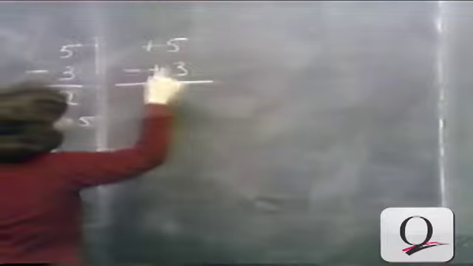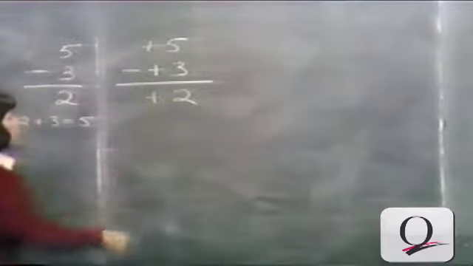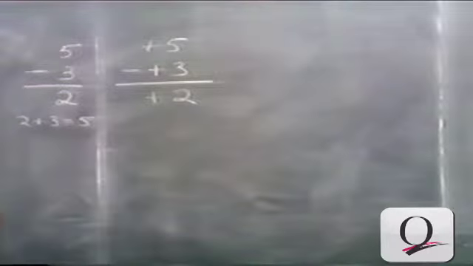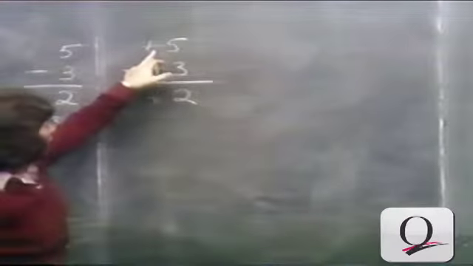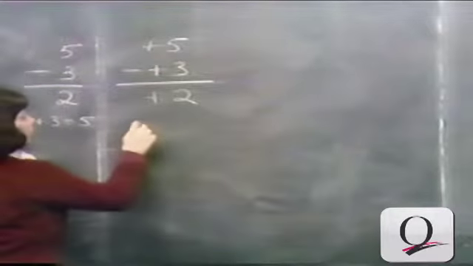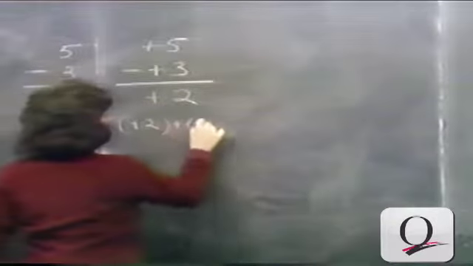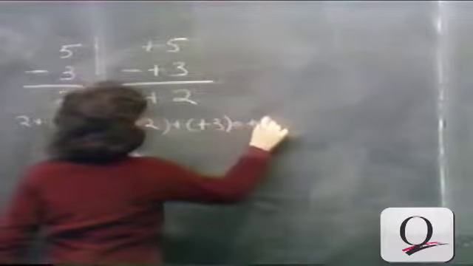Plus 5 take away a plus 3, of course, must also be 2 or plus 2. These problems are identical. Remember, if a number is positive, you don't have to put the plus sign in front of the number. Okay, plus 2 and a plus 3 gives you plus 5.